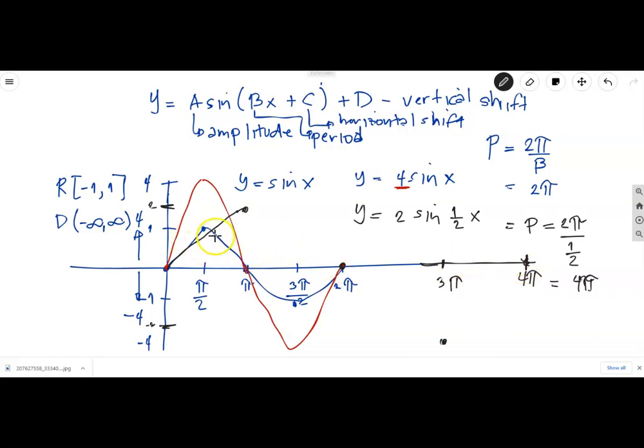So your graph is going this way. That is the graph of y = 2 sin(1/2 x). Let's try more examples.